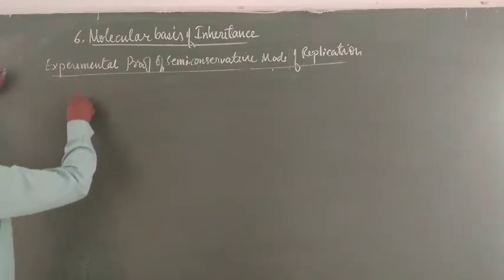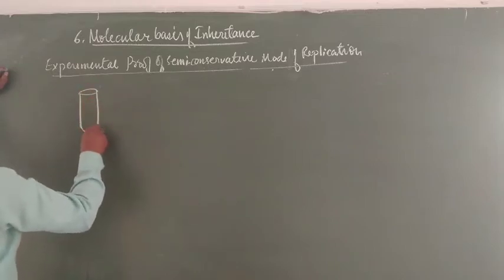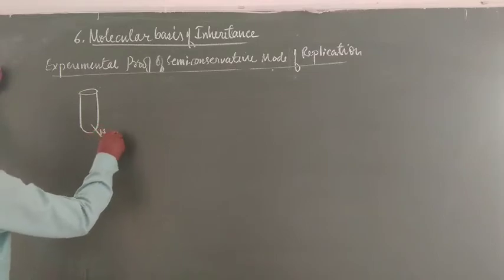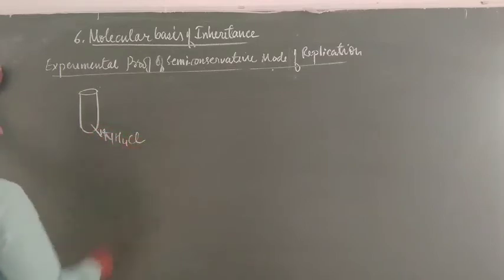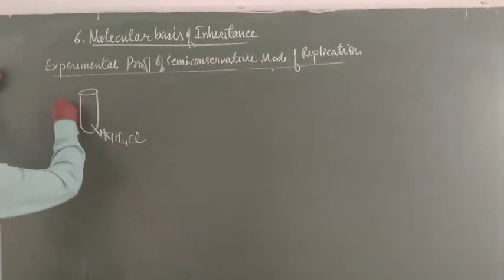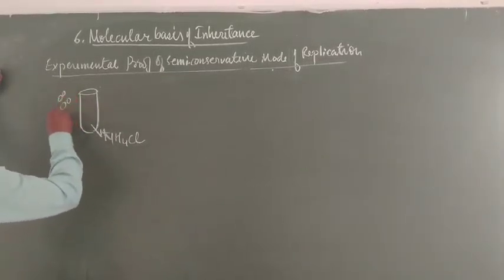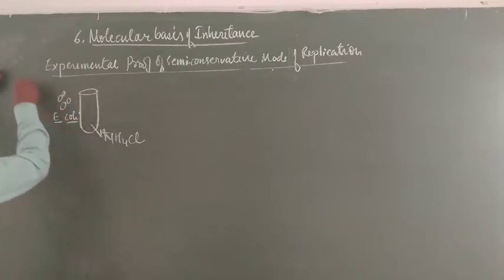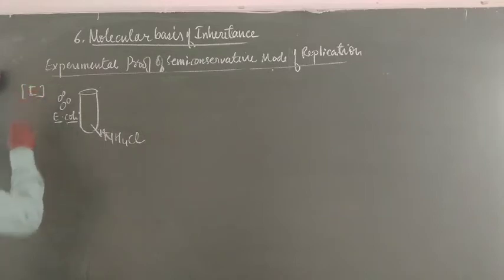Now, this is a culture tube having N14-containing ammonium chloride solution. They add E. coli bacteria. This is the E. coli bacteria. This is the first experiment, students.